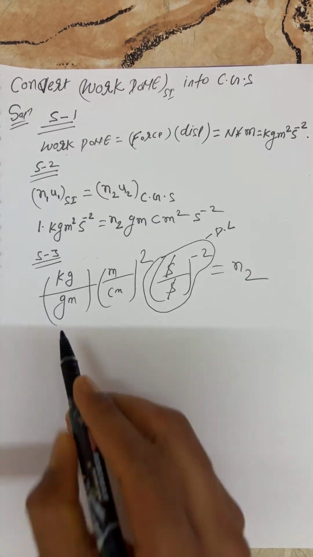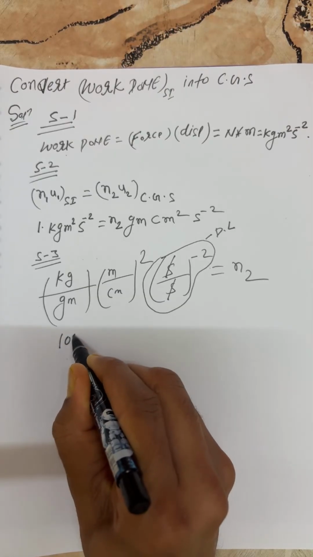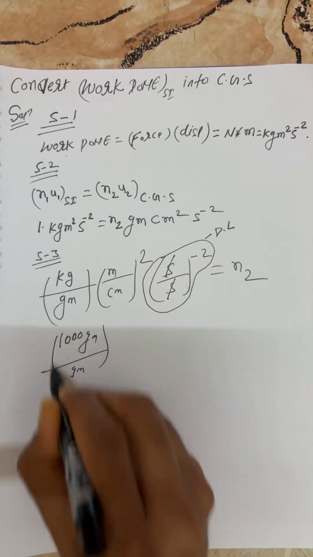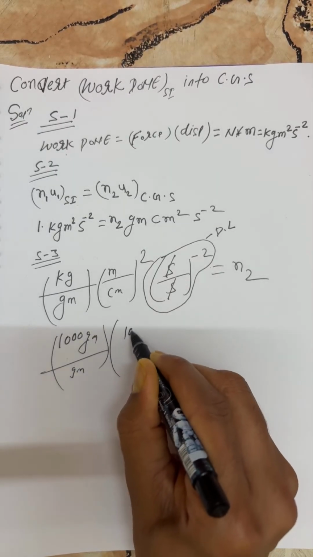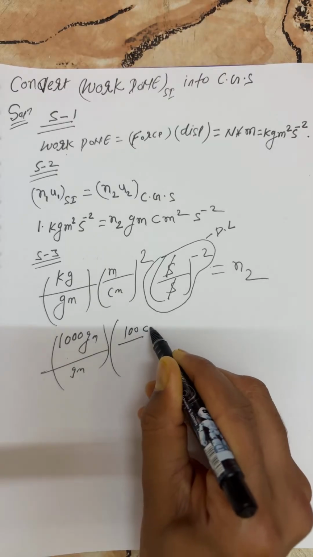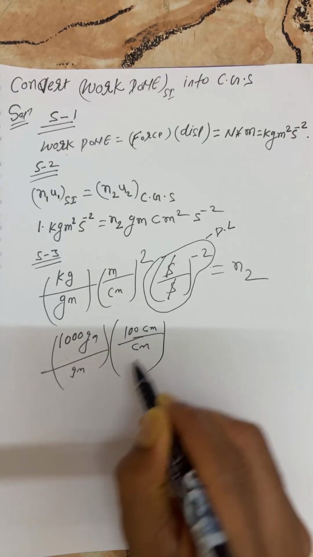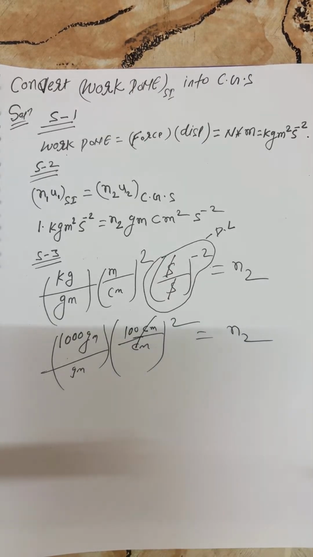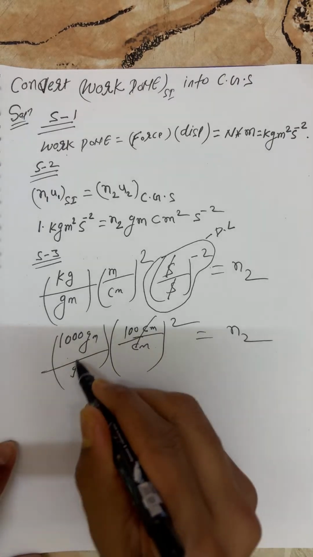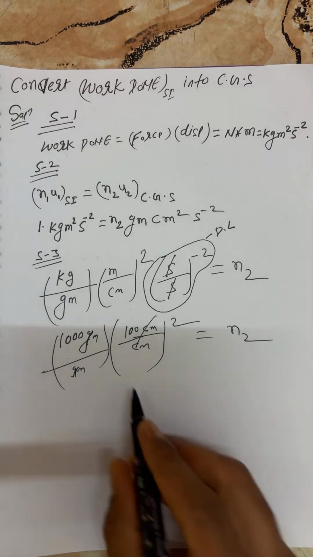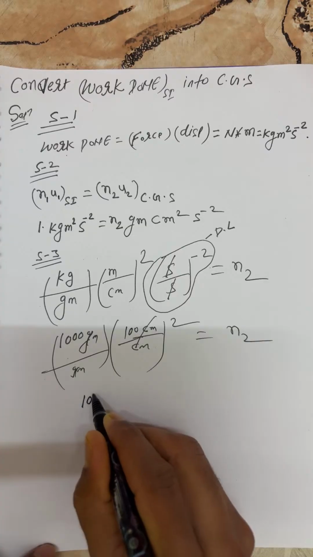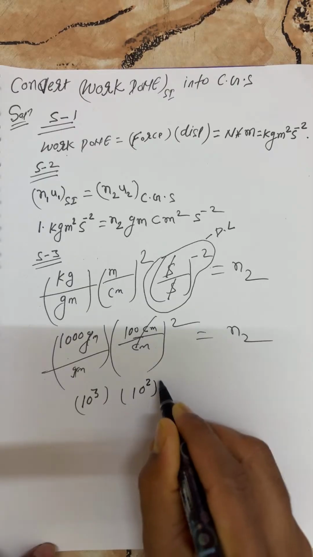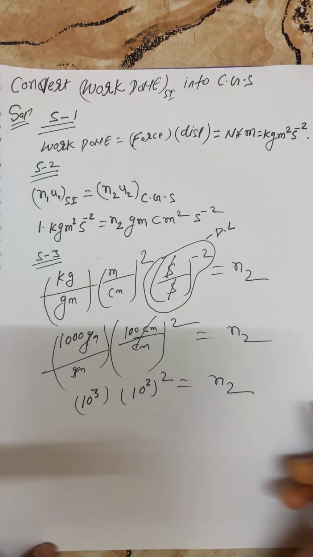Further we have to do this. Kilogram, I'll write here 1000 gram. Meter, you can write 100 centimeter, centimeter whole square, which is equal to n2. So this is 10 to the power 3, 10 to the power 2 to the power 2, which is equal to n2.